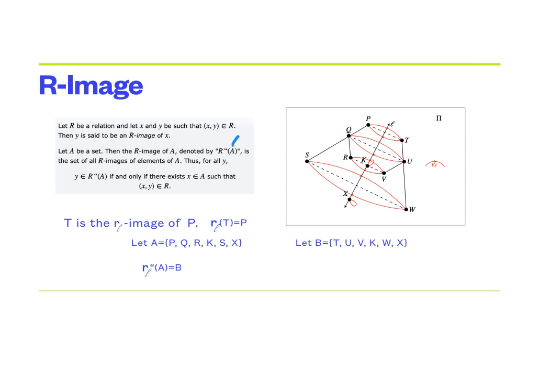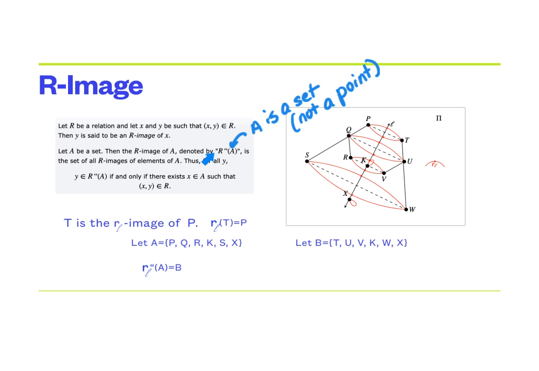The double quote mark indicates that A is a set, not a point. Without the quote marks, it would just mean A is a point.